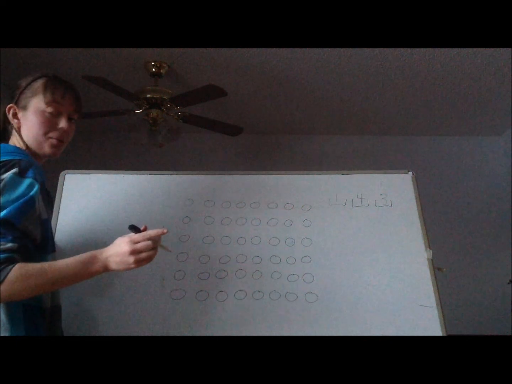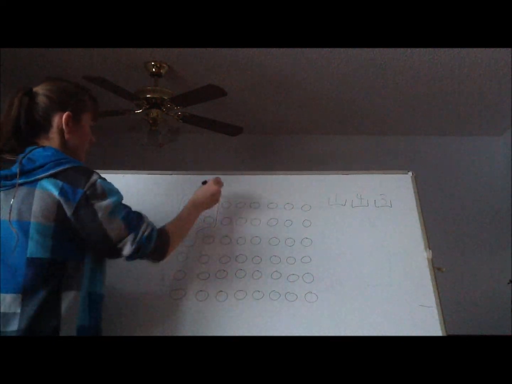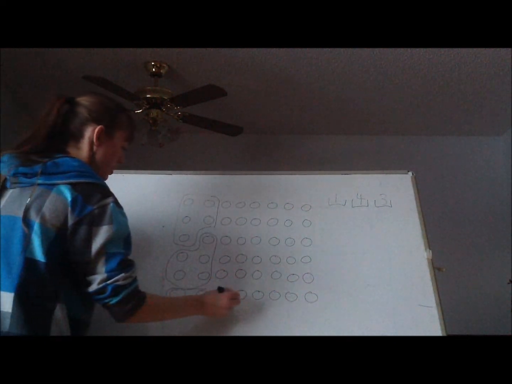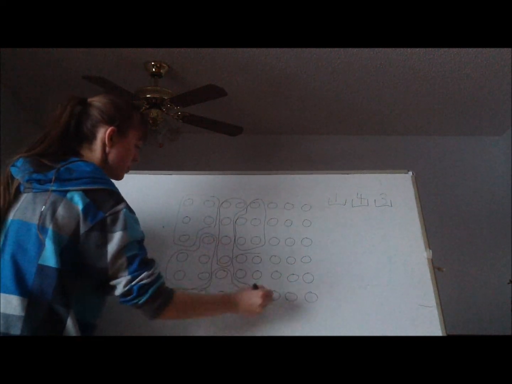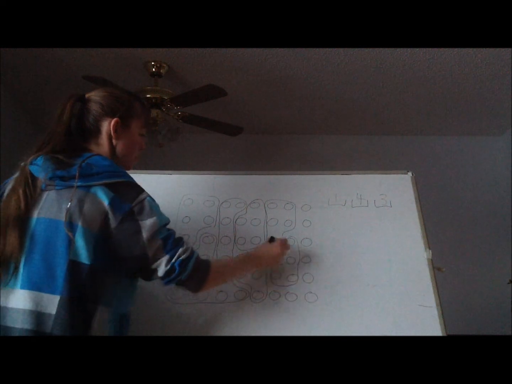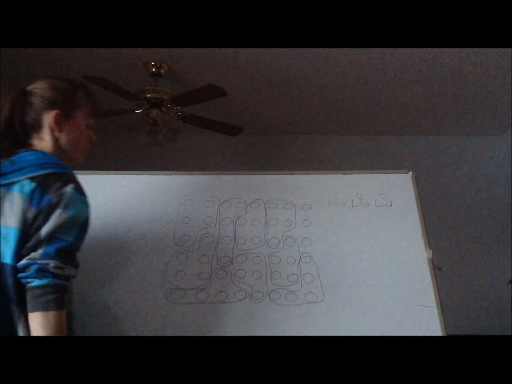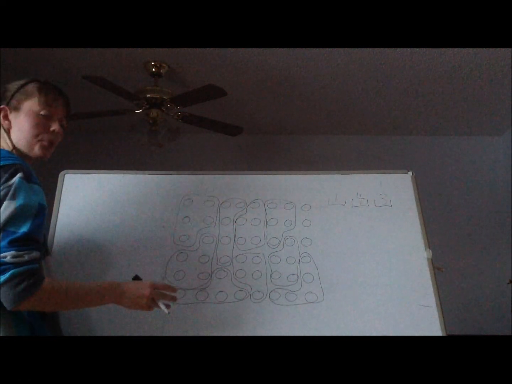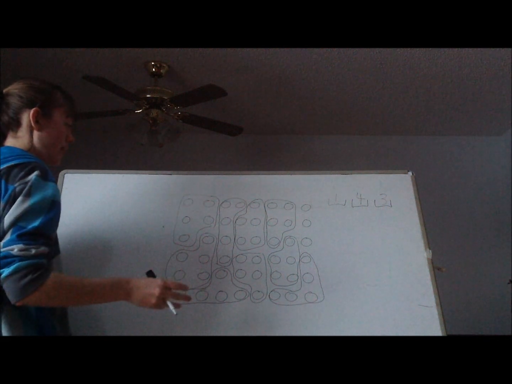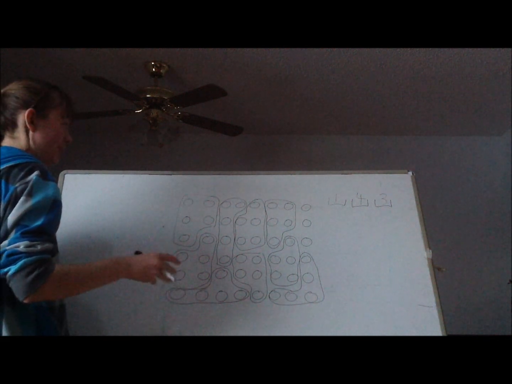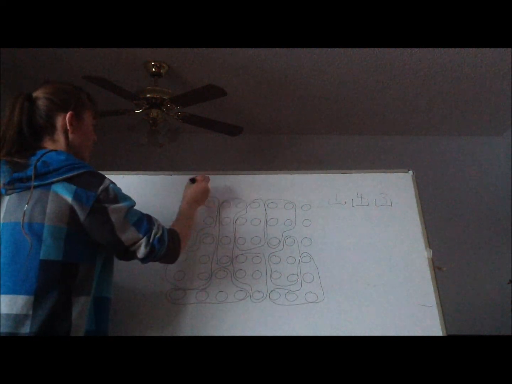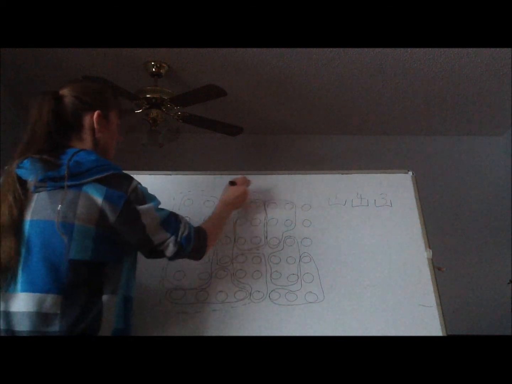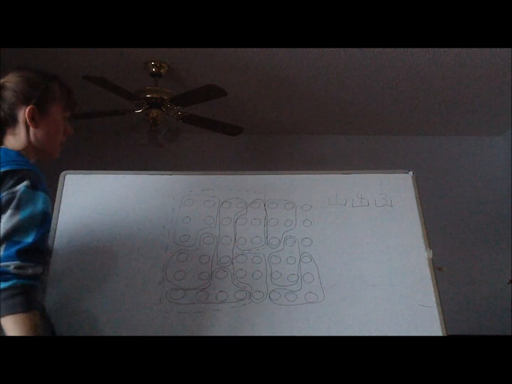Let's start by making groups of 5. Okay, so now that we've circled all the groups of 5 we can find, let's find out how many groups of 5 groups of 5 we can find. 1, 2, 3, 4, 5. There you go.